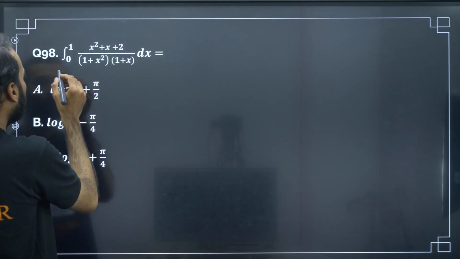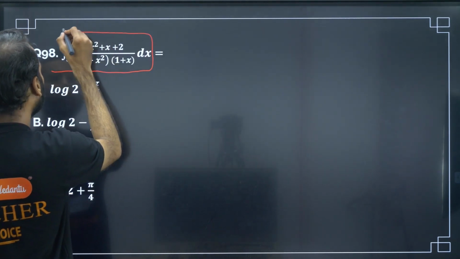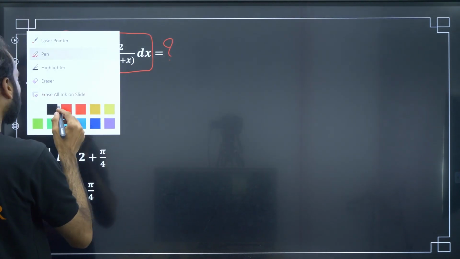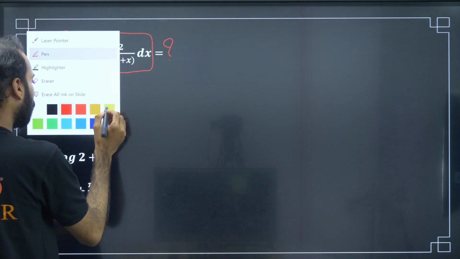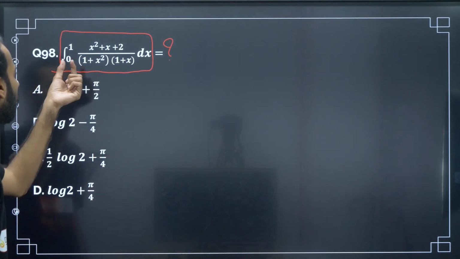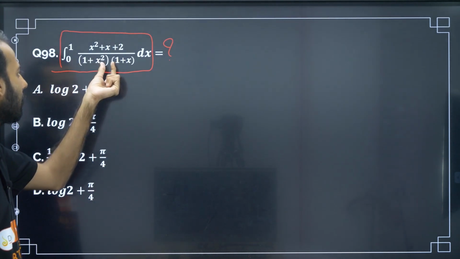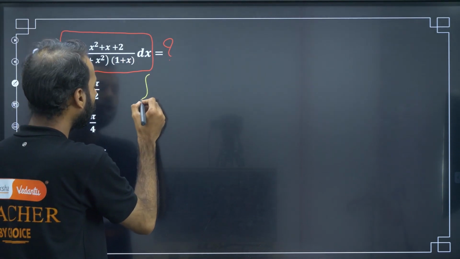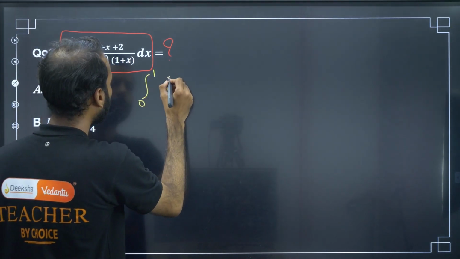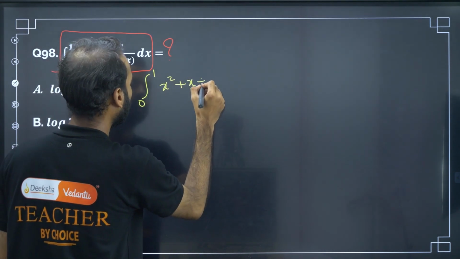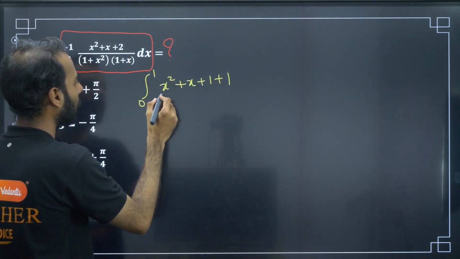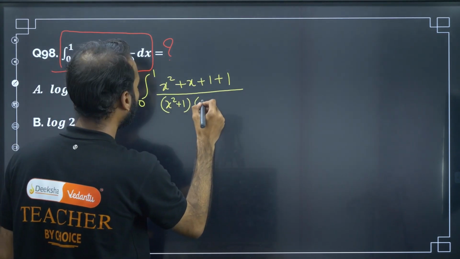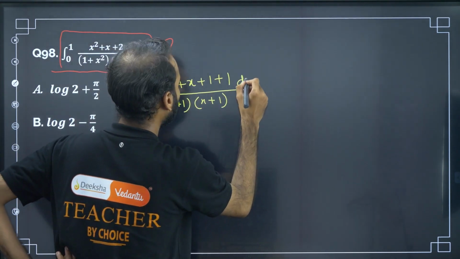The question is the integral from 0 to 1, and they are asking to find its value. How to find its value? If you see, this is an algebraic expression. Whenever you see an algebraic expression, what you have to do? 0 to 1, x square plus x plus 1 plus 1, 2 can be written as 1 plus 1, by x square plus 1 and x plus 1 dx.